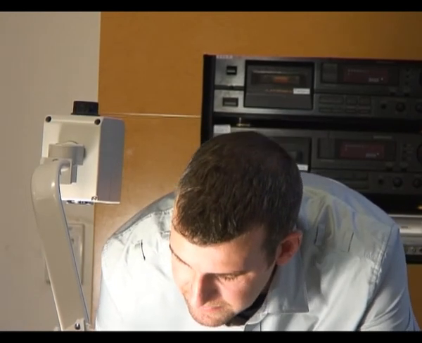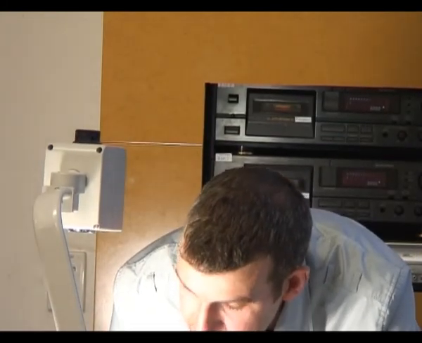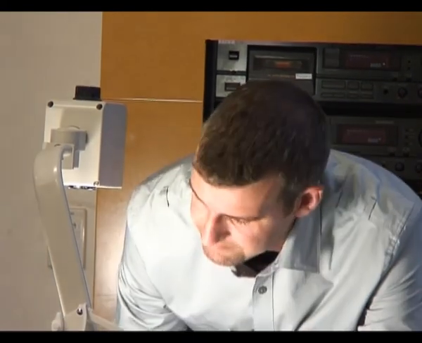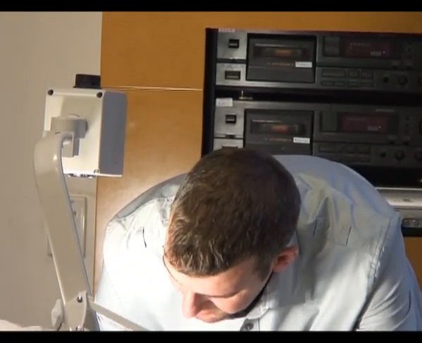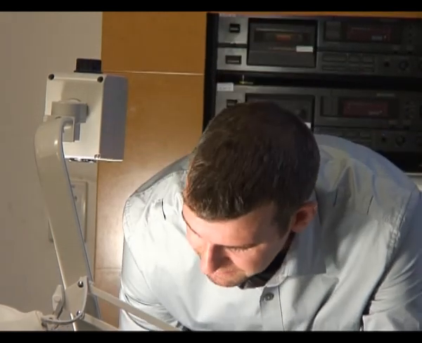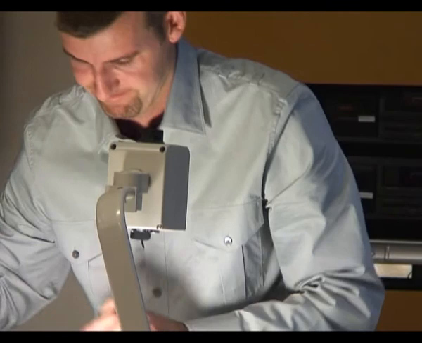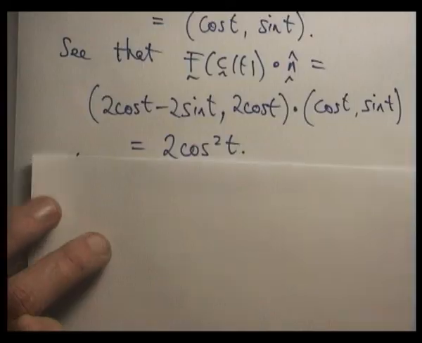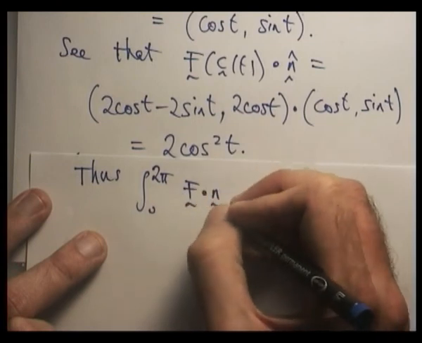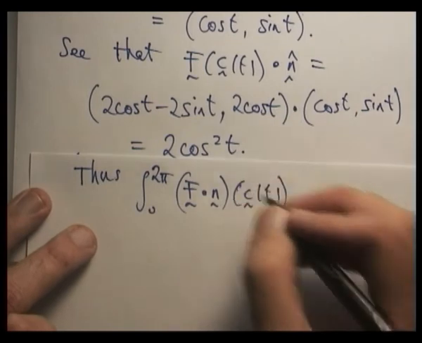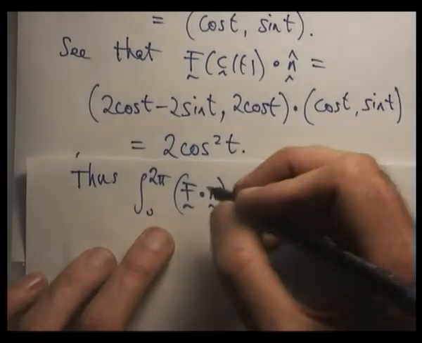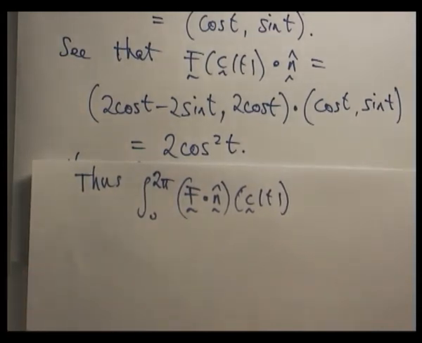So let's integrate around our curve. Now we're integrating the dot product of F with the outward pointing unit vector that's normal to the curve, n.